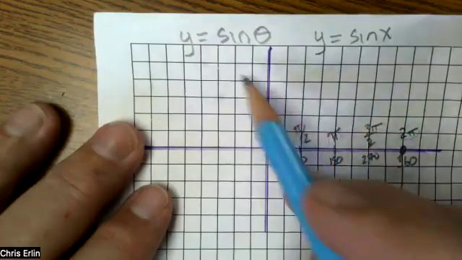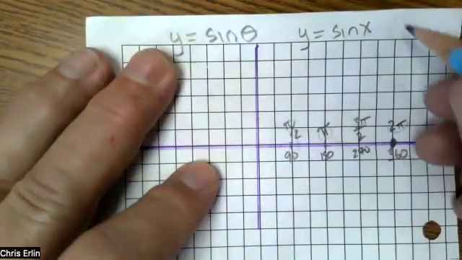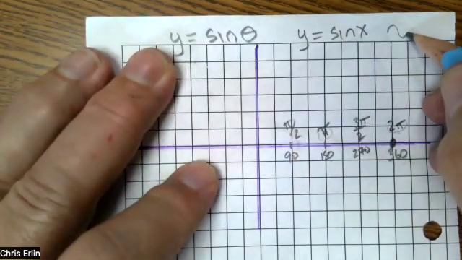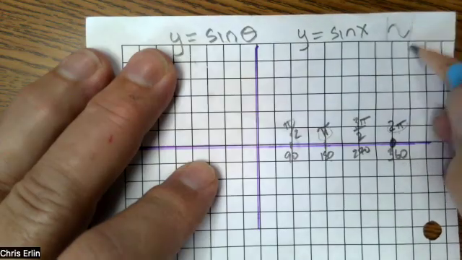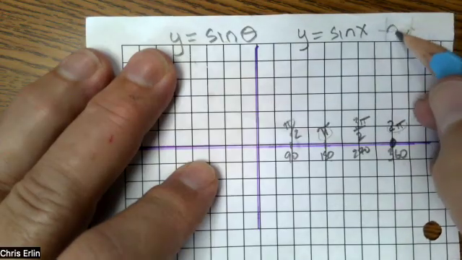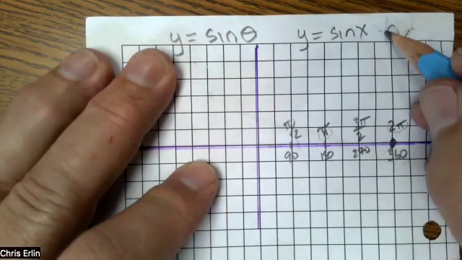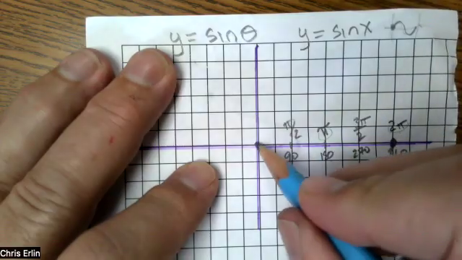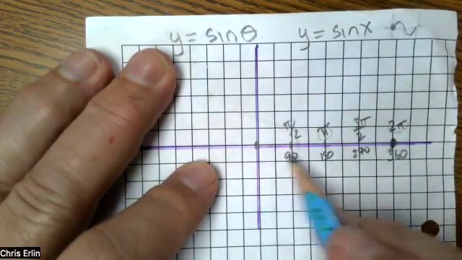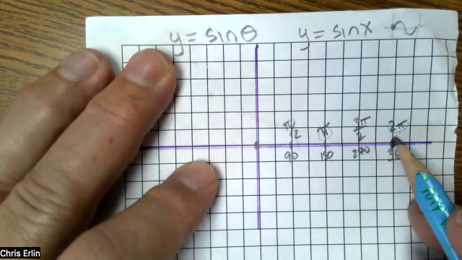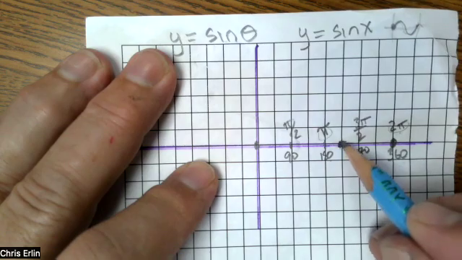Now, when I graph the sine curve, I recognize that it has a continuous shape that goes on forever. But it also has this period where it covers exactly one cycle. And if we think about it this way, where it starts at 0, 0, and it ends its cycle after 360 or 2 pi, halfway in between, it's got to be in the middle.